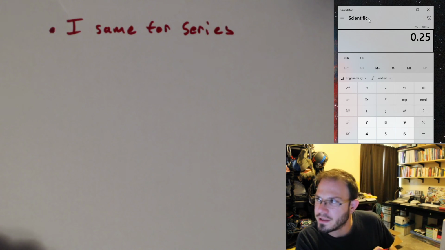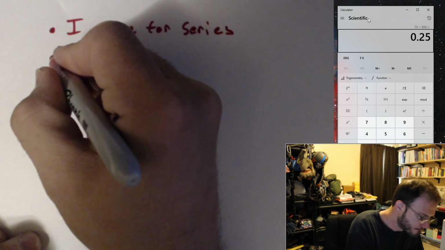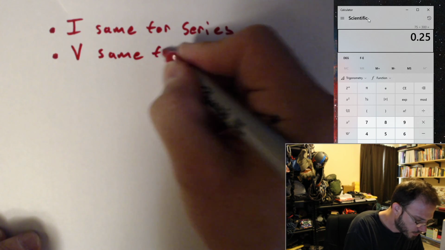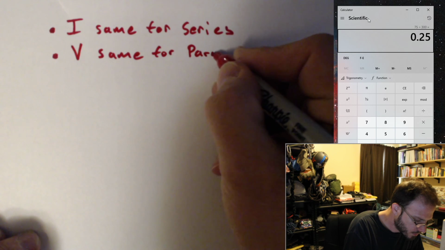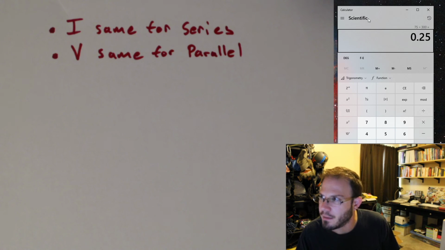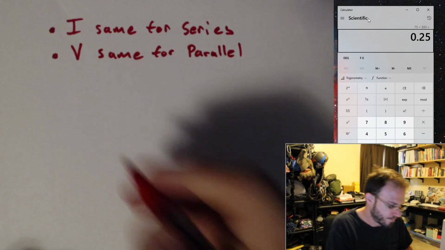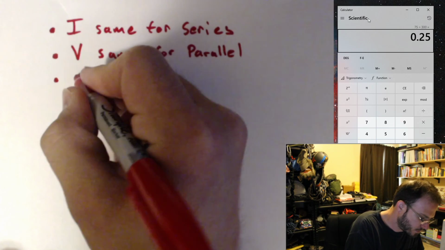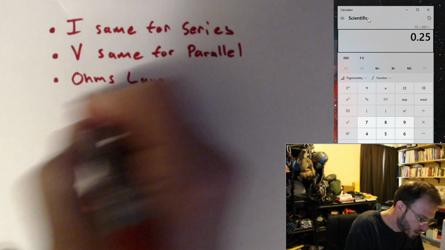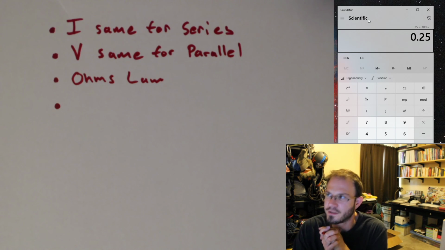Current is the same at every point in a series circuit. I will abbreviate it as I, same for series. Voltage is the same across every branch of a parallel circuit. I will abbreviate that as V, same for parallel. Ohm's law. Need I say more? He's the star of this show.